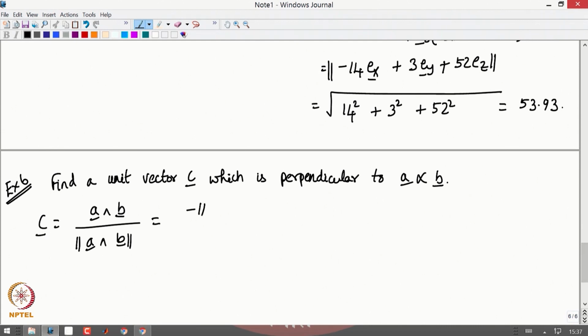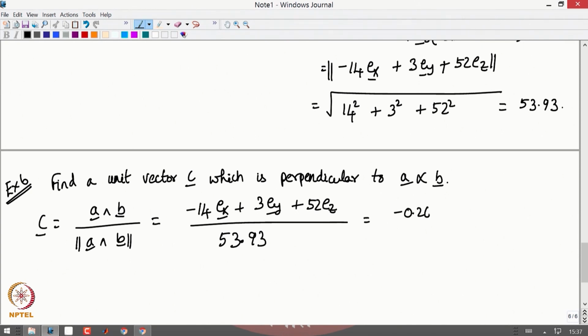So, this will be nothing but minus 14 E x plus 3 E y plus 52 E z divided by 53.93, which will be minus 0.26 E x plus 0.05 E y plus 0.95 E z.